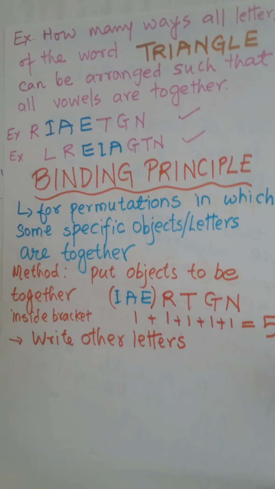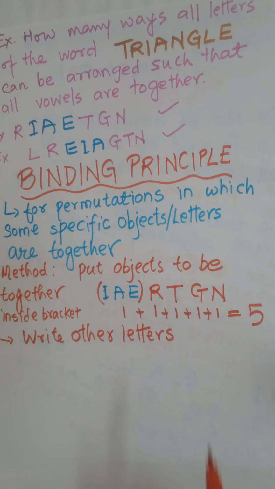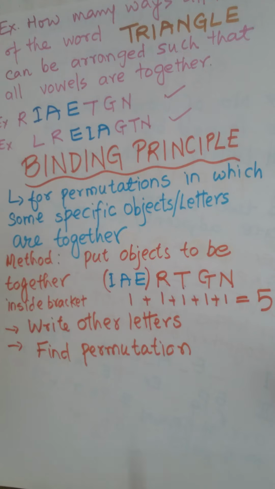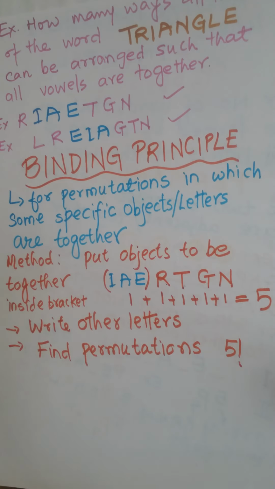We have 5 such objects, in which I, A, E inside the bracket is considered as 1. The next is to find the permutation. So we have 5 objects. How many permutations taken all at a time? Yes, 5 factorial.